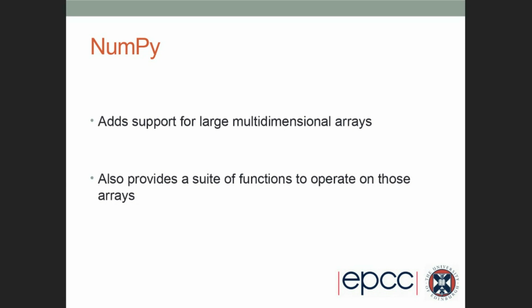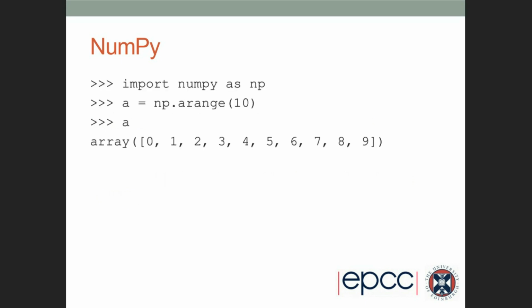But NumPy provides these array objects, as well as a lot of functions to manipulate those arrays. These are just a few examples of NumPy arrays and how they work. In this first one, we set a to an array of arange 10, which gives the numbers from 0 up to 10, so from 0 to 9.